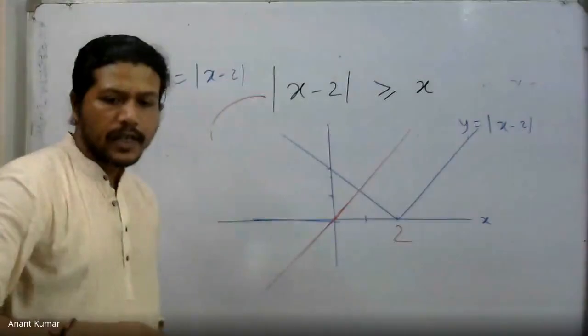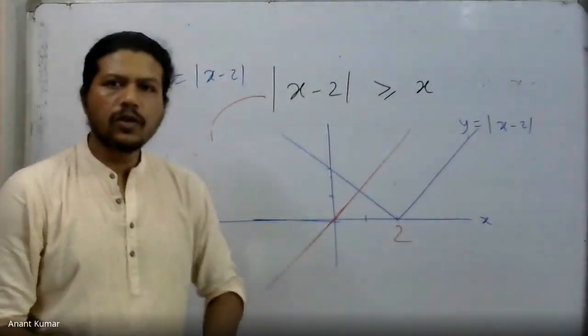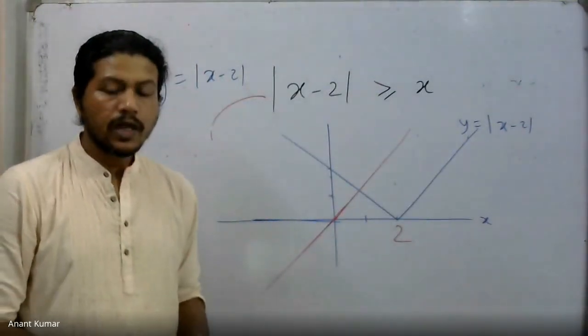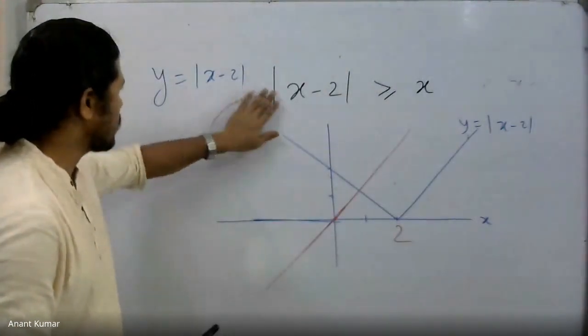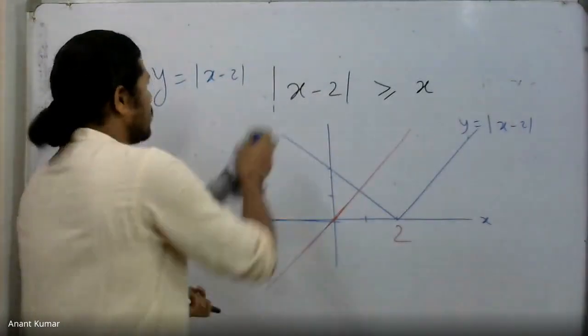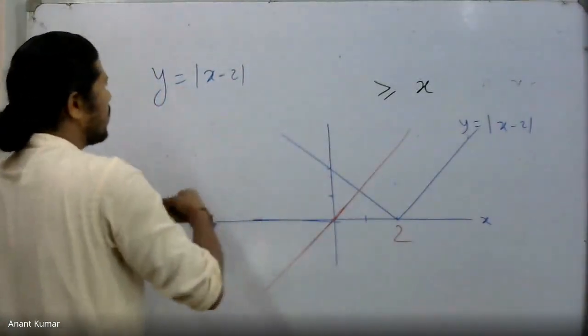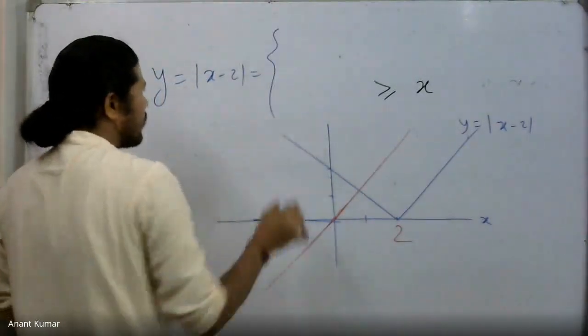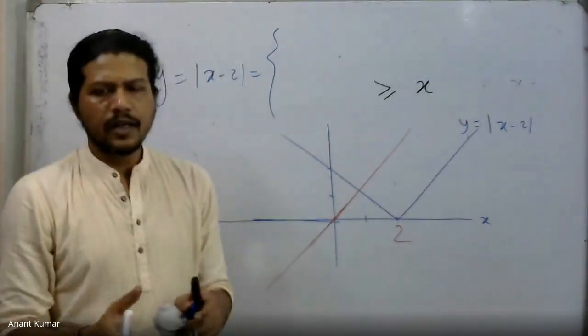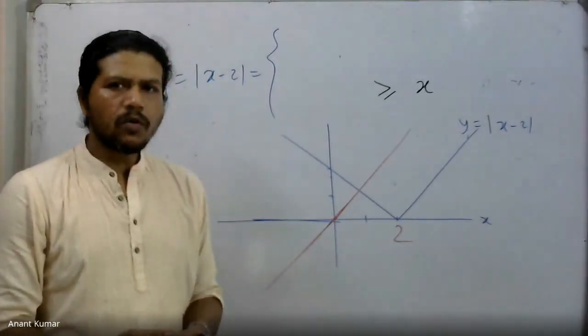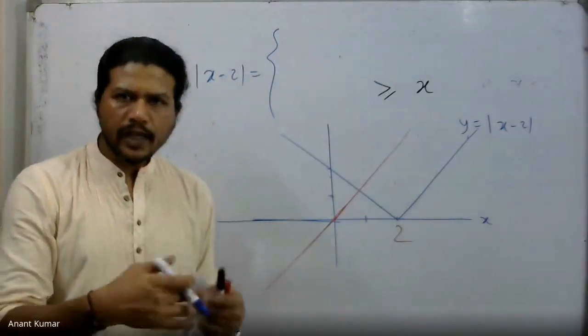Now you obviously can take up values to draw the graph, but we do not require this, because the mod function is in fact a piecewise function. Notice, by definition of the mod quantity, mod of any quantity q is q itself when that q is positive.